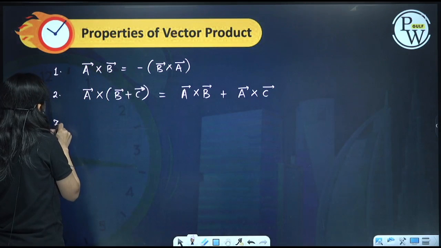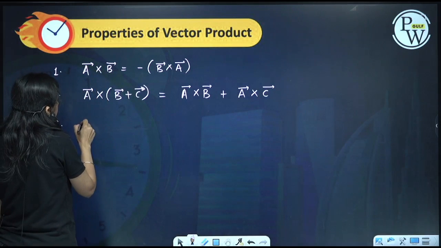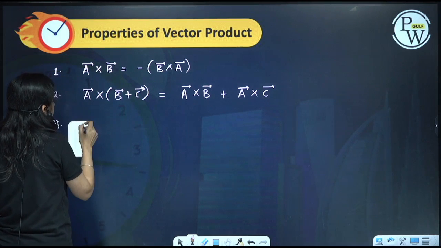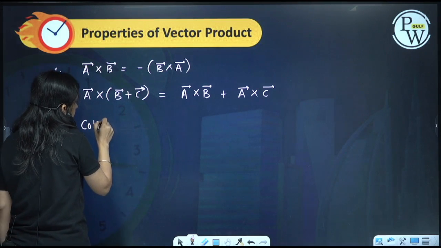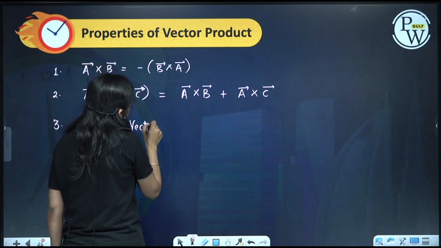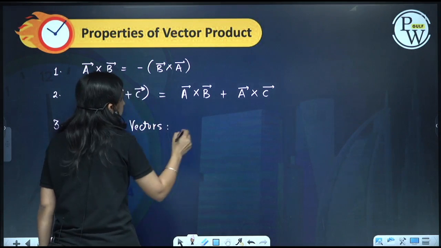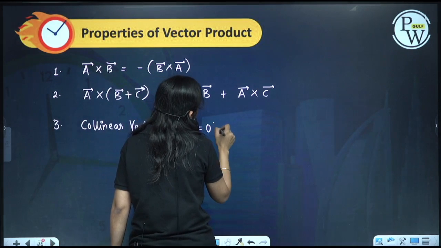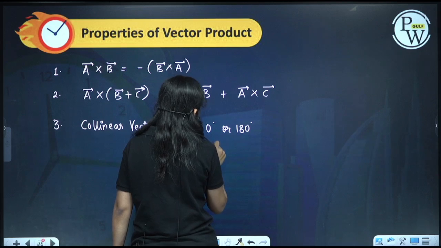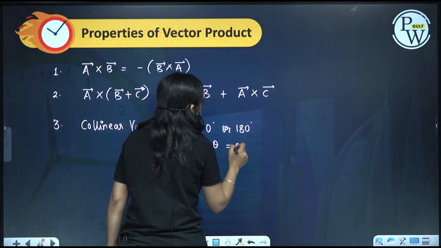Next property, for parallel or anti-parallel, let's say collinear vectors, theta will be 0 or 180 degrees. So sin theta will become 0.